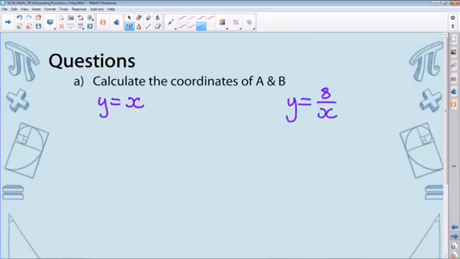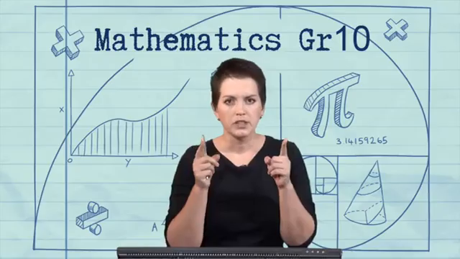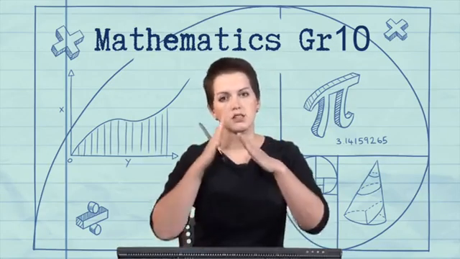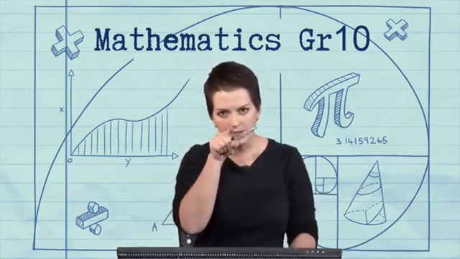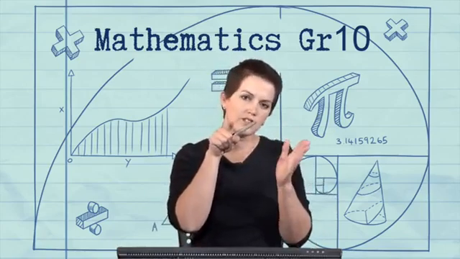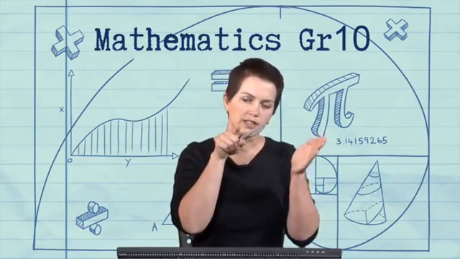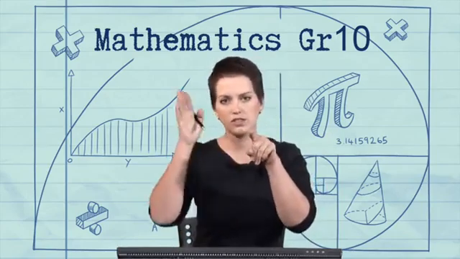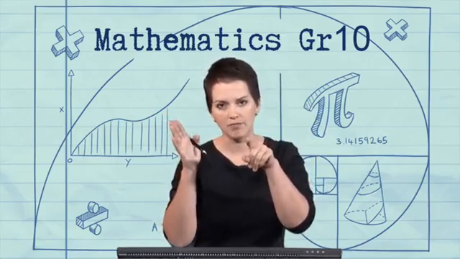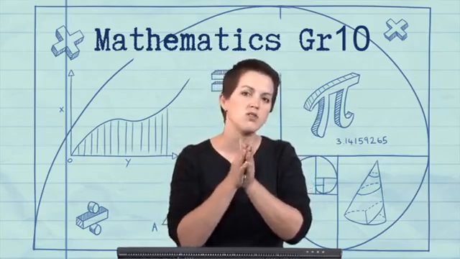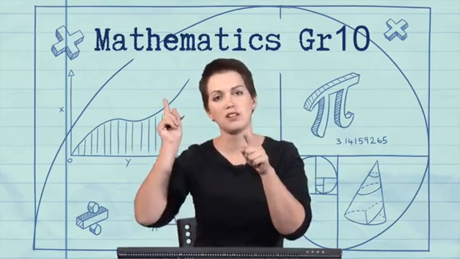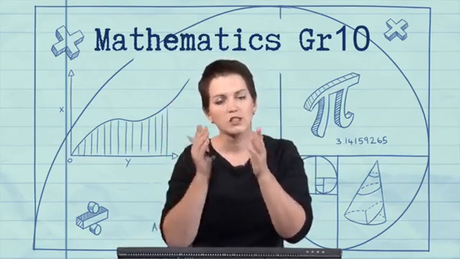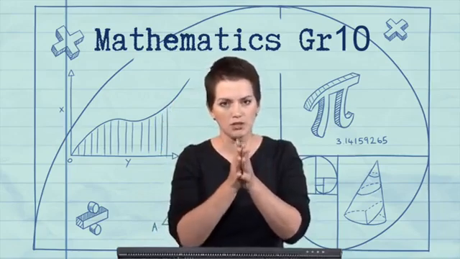Now grade 10s, if we think about this logically, a point of intersection is where the two graphs meet each other. So that means at that very point, the x value for the one function is going to be the same value as the x value for the other function. And the y value for the one function is going to be exactly the same value as the y value for the other function. The point is exactly the same on both of them.